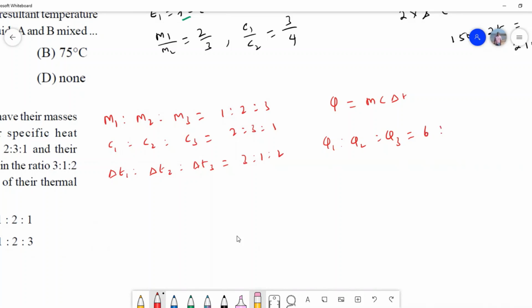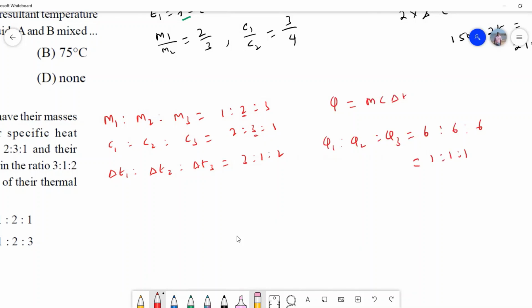For the second one, mass is 2, specific heat is 3 and change of temperature 1. So 2 into 3 into 1, again 6. Third one, mass is 3, specific heat is 1 and change of temperature 2. Again, this also becomes 6. So nothing but 1 is to 1 is to 1.